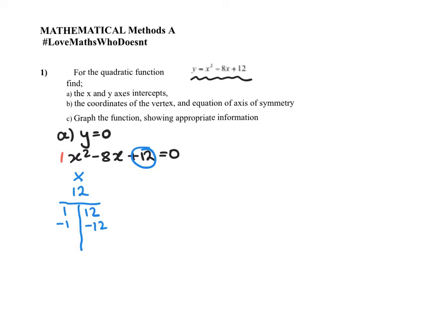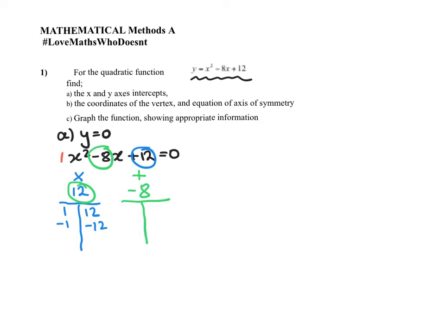The other number of interest is negative 8, the coefficient of x. So we're looking for two numbers that add to give negative 8 and multiply to give positive 12.